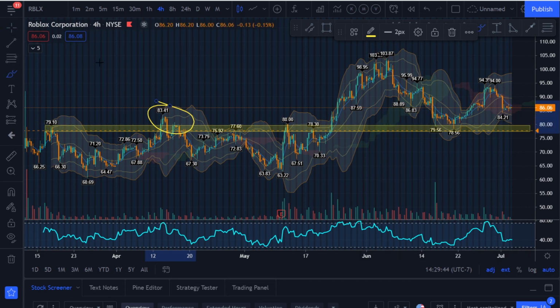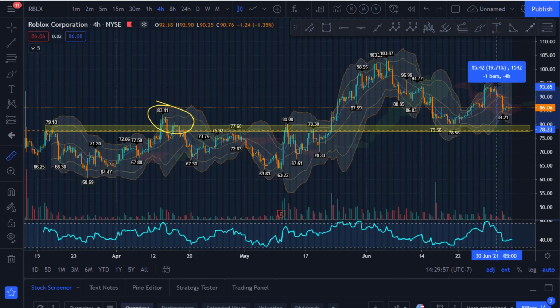And from here, if I did buy at 77, that would have been a move from here all the way to about 20% gain right here to about $94. And this is why I talk about area of confluence.